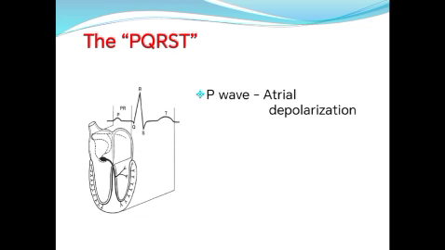So what do P, Q, R, S, T stand for? P, definitely, and we talk about the interval, it is for atrial depolarization. Here is the P wave. What is the QRS?